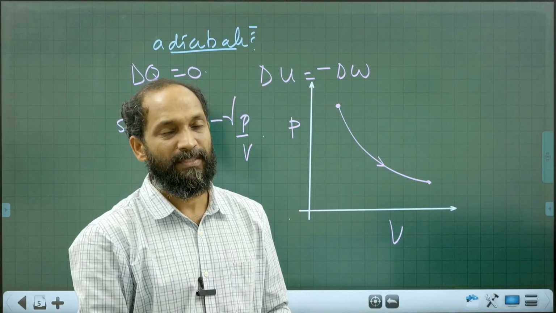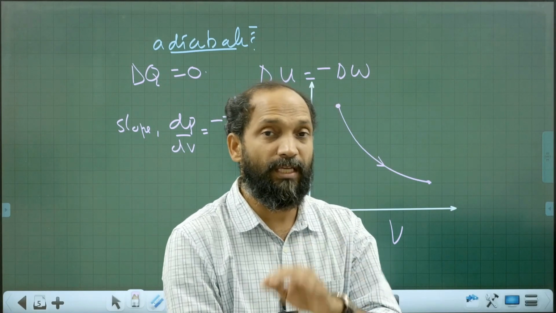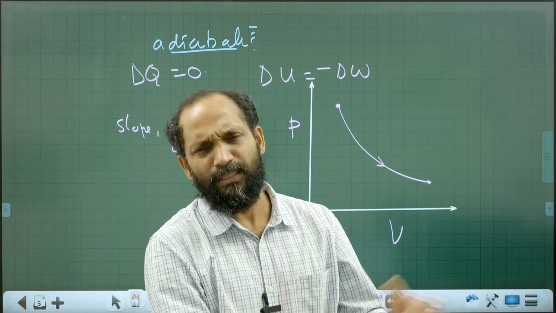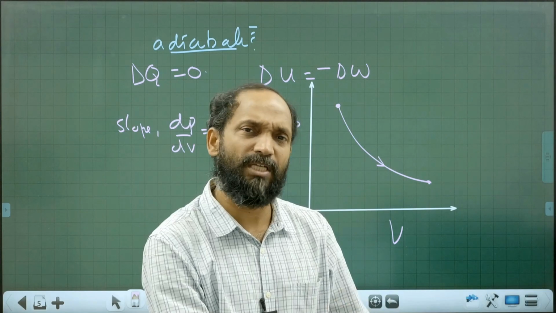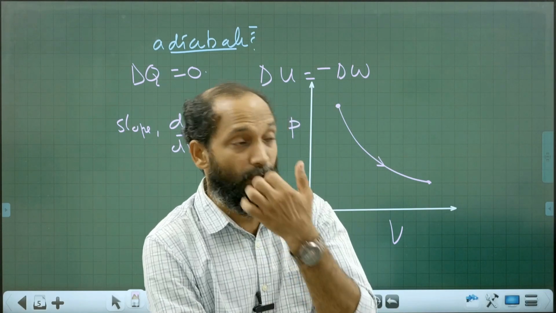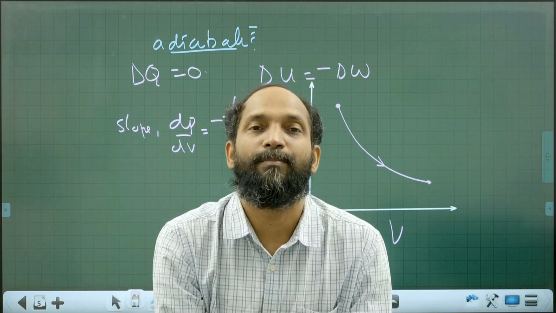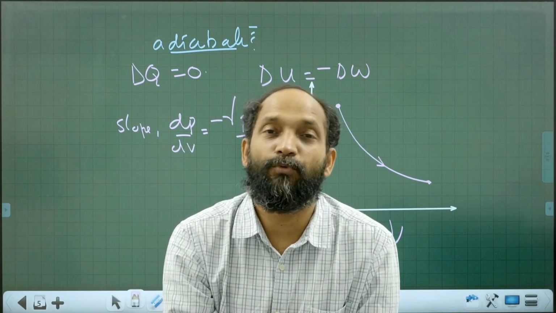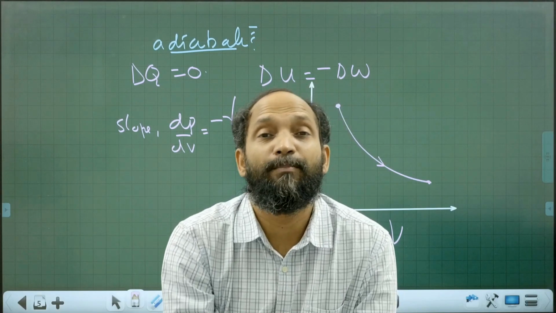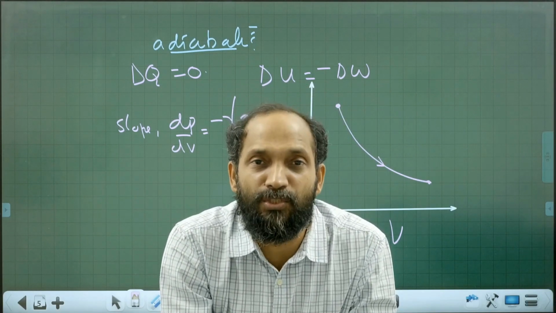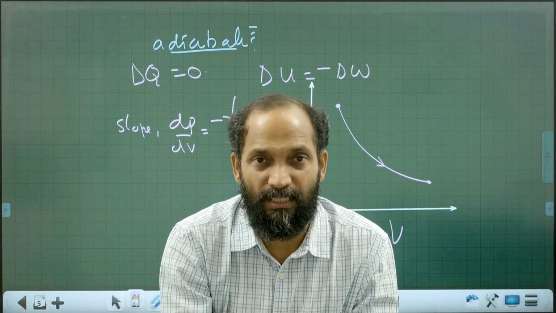In an isothermal process, for a given change in volume, all gases will have the same change in pressure. For example, when volume is halved isothermally, pressure is doubled. When volume is doubled isothermally, pressure is halved. But it's not so for the adiabatic process.